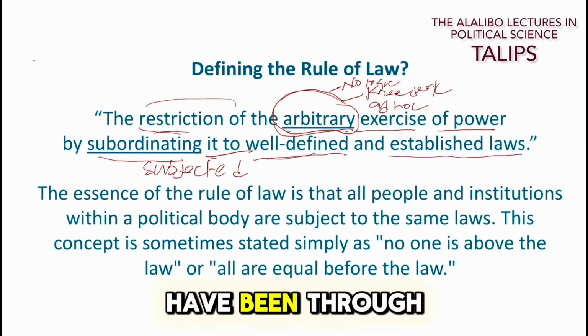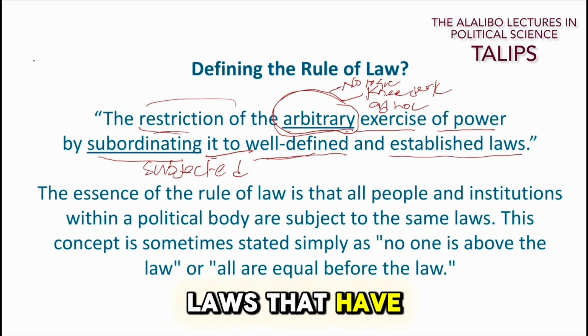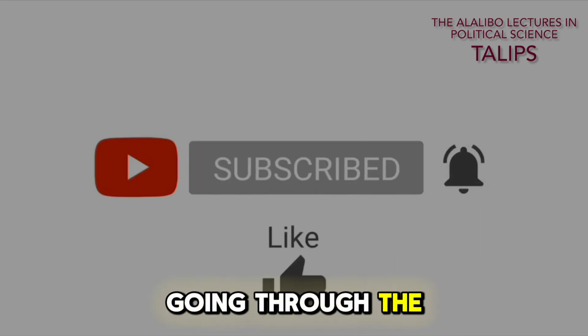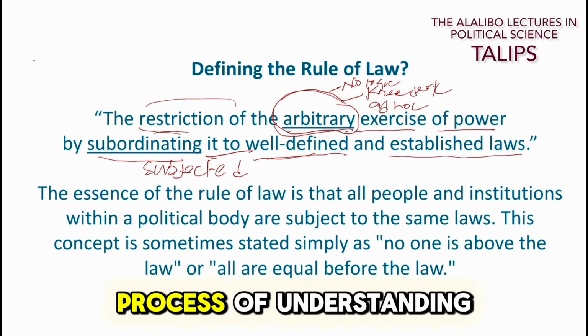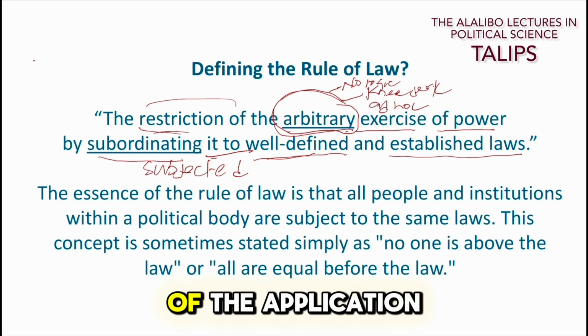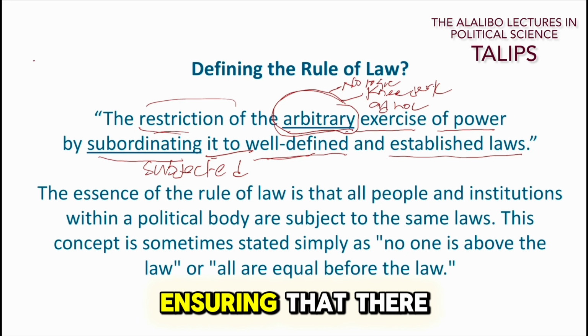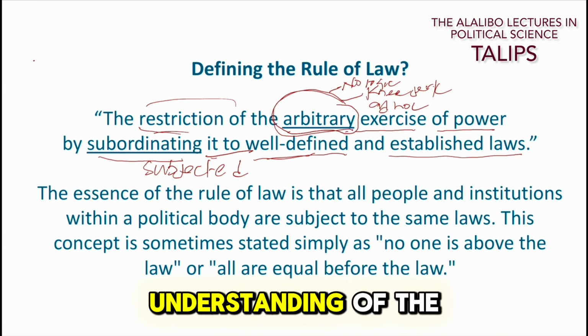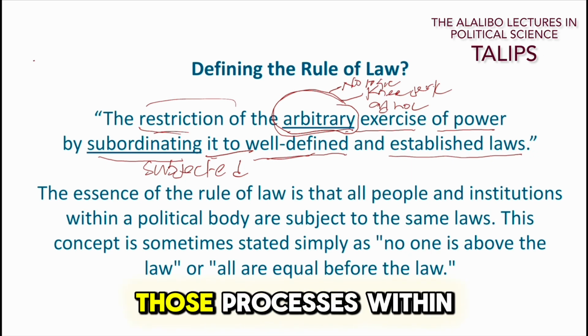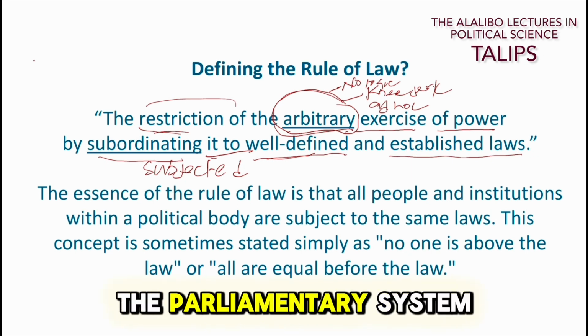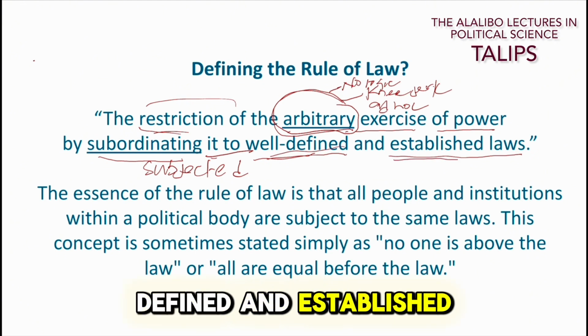So laws that have been through the process of lawmaking, which is through the legislature, in most cases, going through the process of vetting, research, understanding the application and the impact of the application, and testing, ensuring that there is a clear understanding of the impact of that law. When laws are passed, they go through those processes within the parliamentary system. So well-defined and established laws. The laws are defined and established as well.